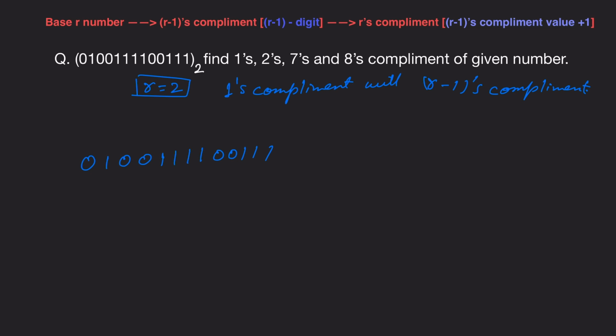Then subtract this number from the r minus 1 value. So here we get 0, 0, 0, 1, 1, 0, 0, 0, 0, 1, 1, 0, 1. This is the one's complement.